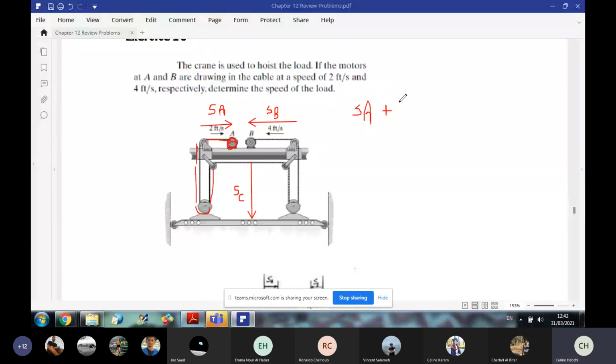But since we are interested in VC, you can go back to your relations of velocities, from the system of two equations for velocities, and then this will allow you to calculate the value of VC. You will get a negative result, of course, because block C is going up while your coordinate is positive down.